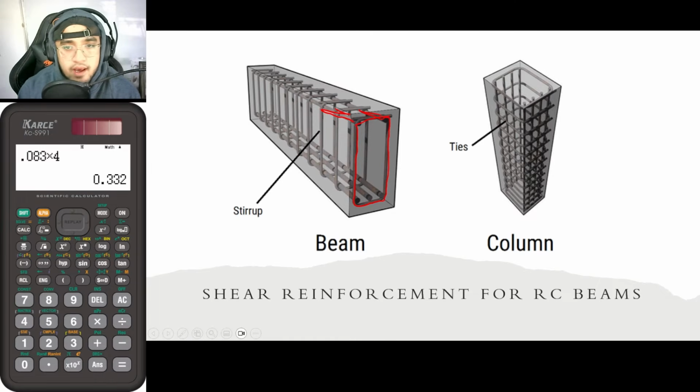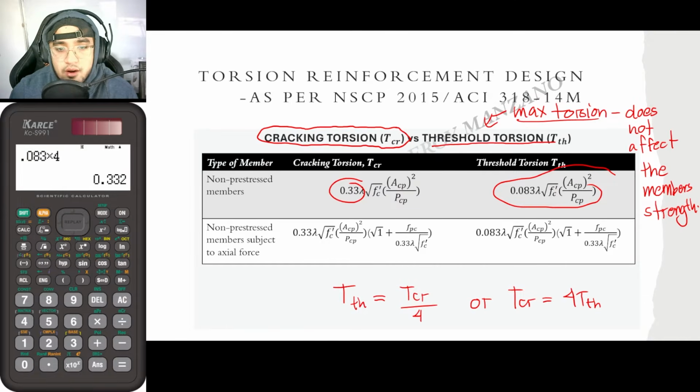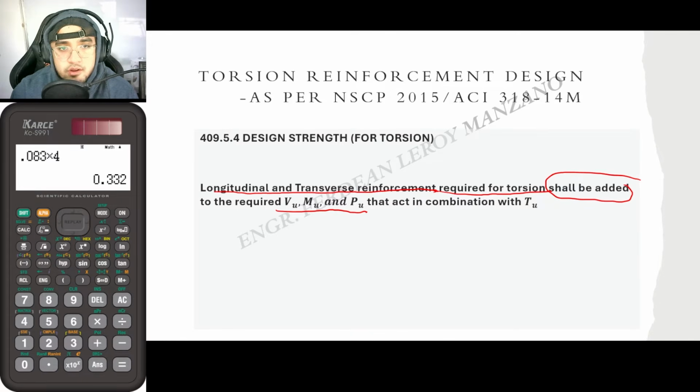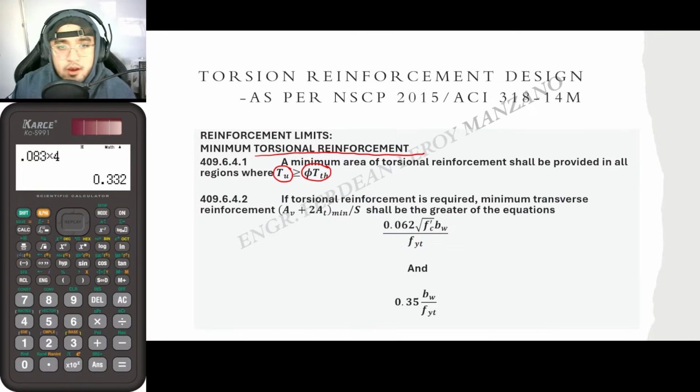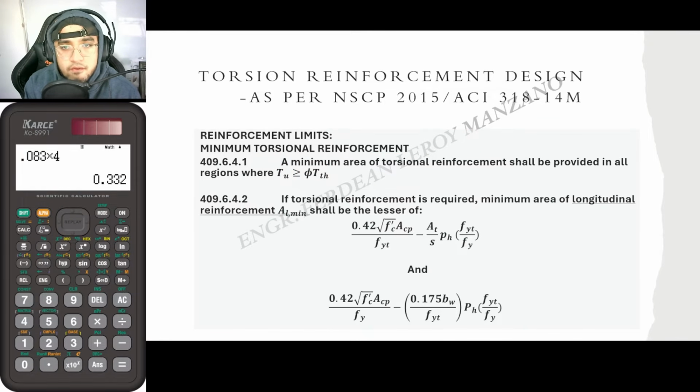So from that, guys, for our lecture, when we are designing torsion reinforcement, we would be solving for the transverse bars and for the longitudinal bars.